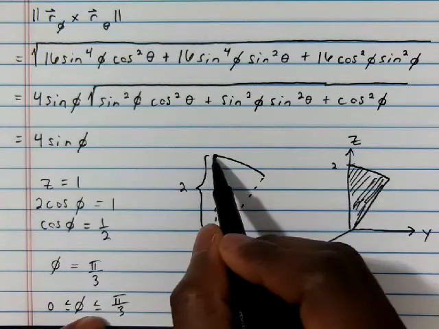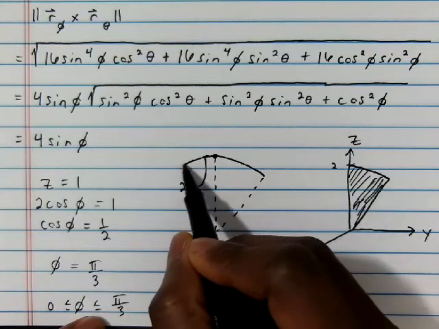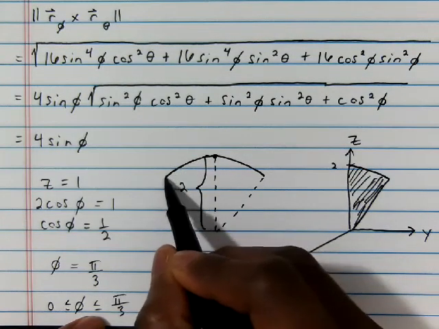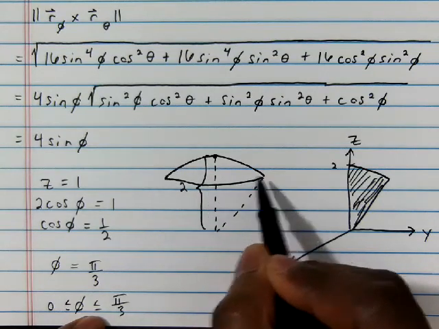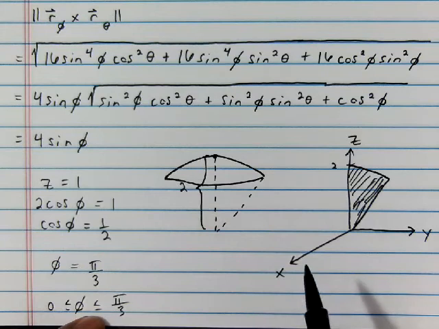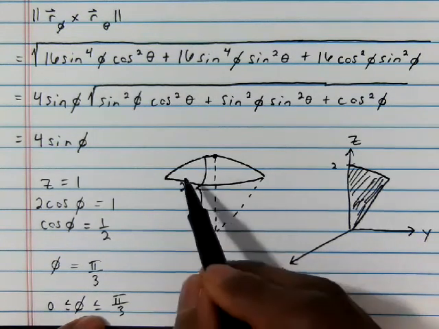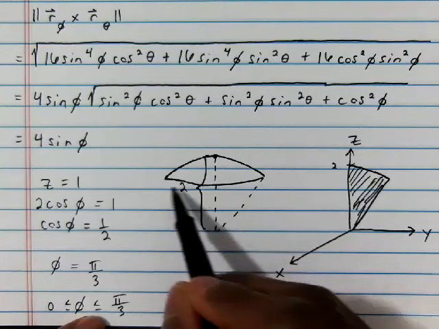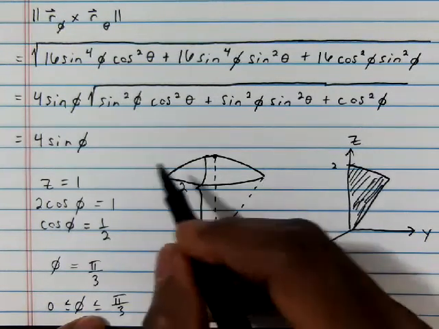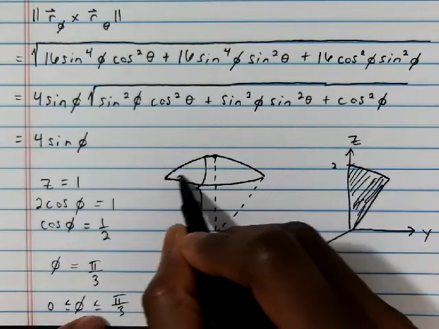This one, we take it and spin it around the z-axis, we don't get a cone. Instead, we would get something that looks like this. And it's not filled in at all. Nothing's shaded in there. The only thing that we actually get is precisely what you see here, with the exception that we would get a backside of it as well.